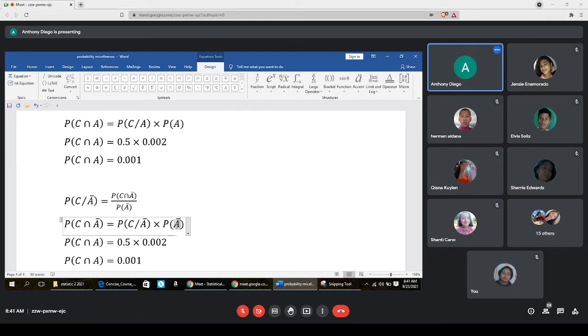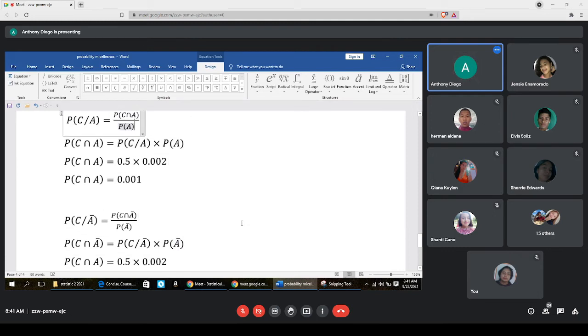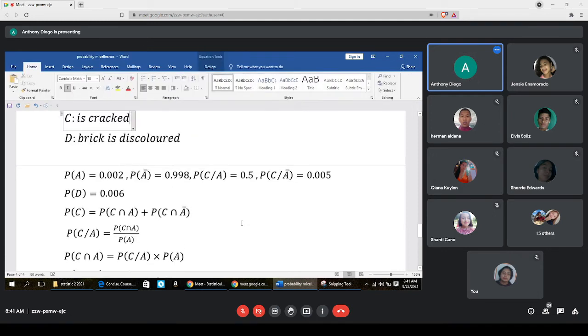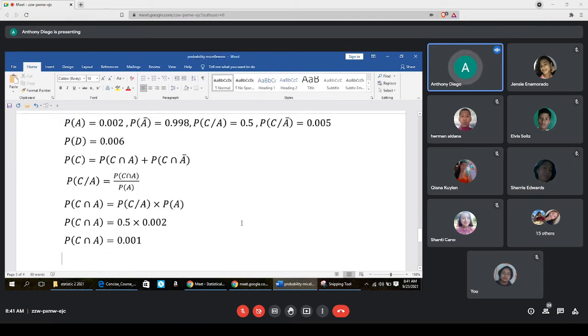Now, we have C given A complement, which was, let me go and see, 0.005.